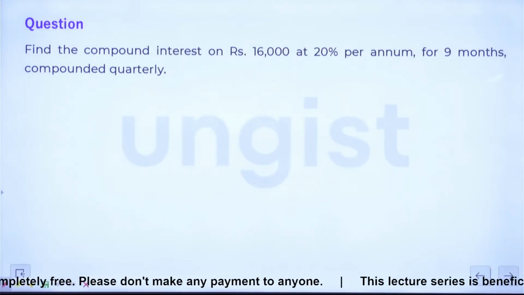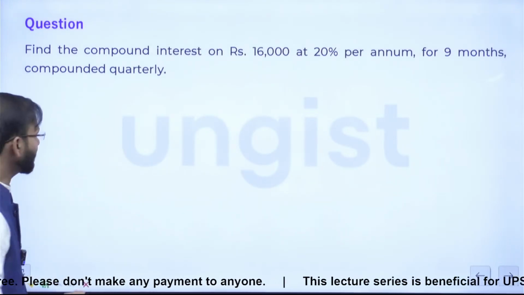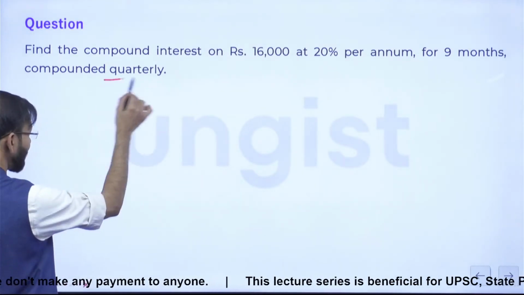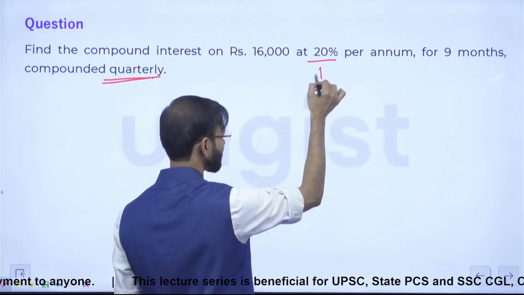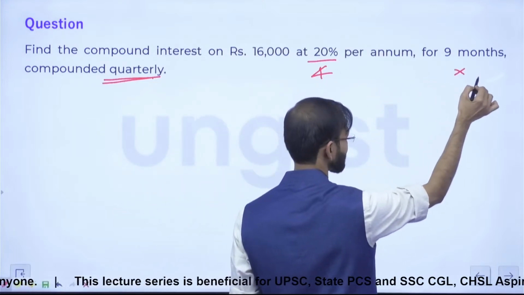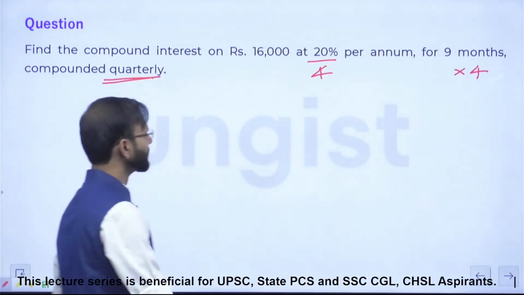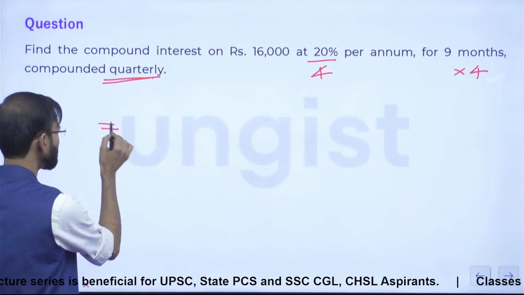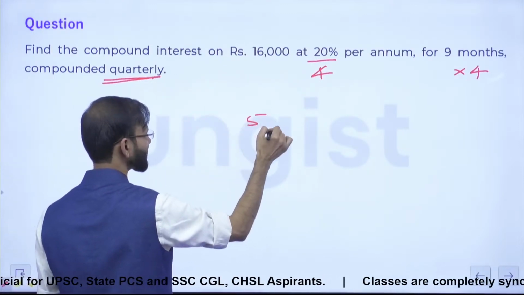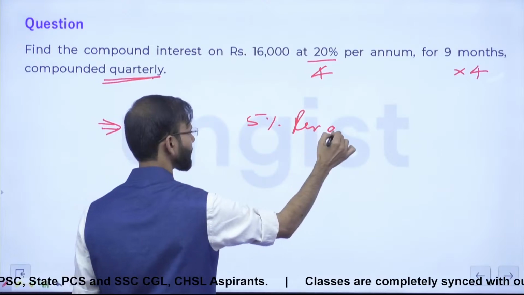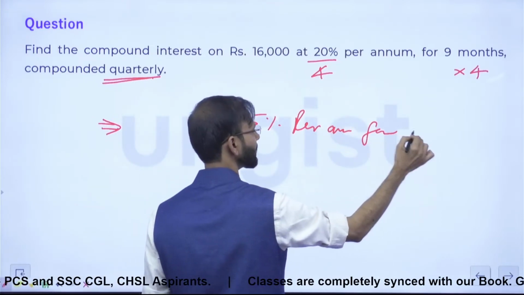Yes, everybody. See, guys. Here, the compounding is being done quarterly, right? So, in case of quarterly, rate of interest gets 1/4 and time gets 4 times, right? So this question is equivalent to finding the interest at 5% per annum for 3 years.